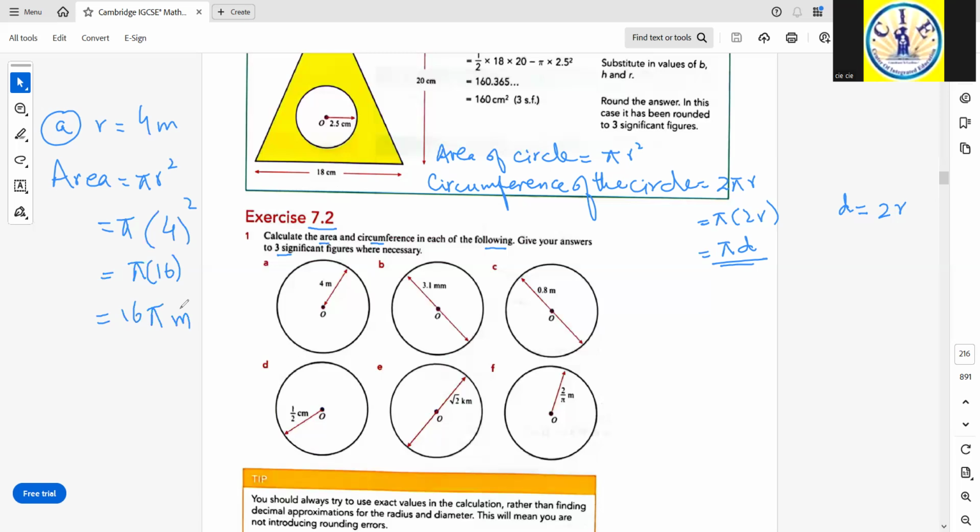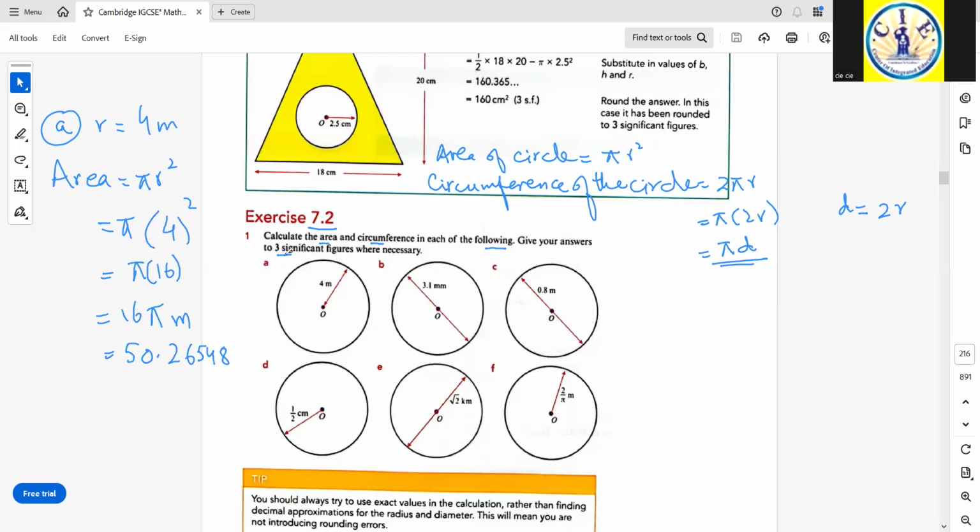And if it is a question of paper 2, in which we can use the calculator, in that sense it would be 50.26548.